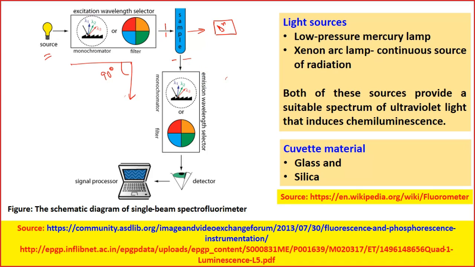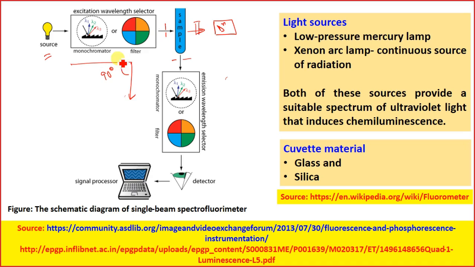So if you put it in the same direction, then you would have to put some strong filter over here to stop the incident light also. In comparison to this, the fluorescence signal would be very slow, and you will not be able to record any of it.